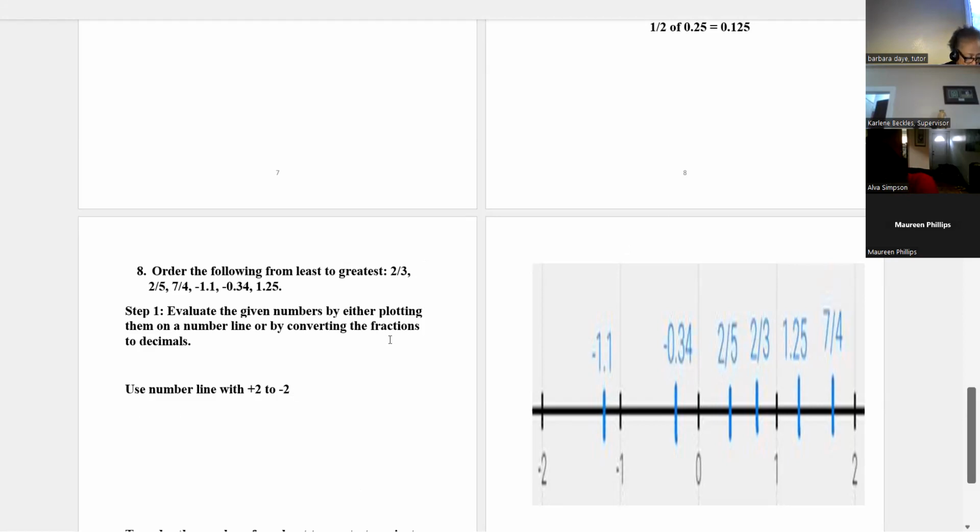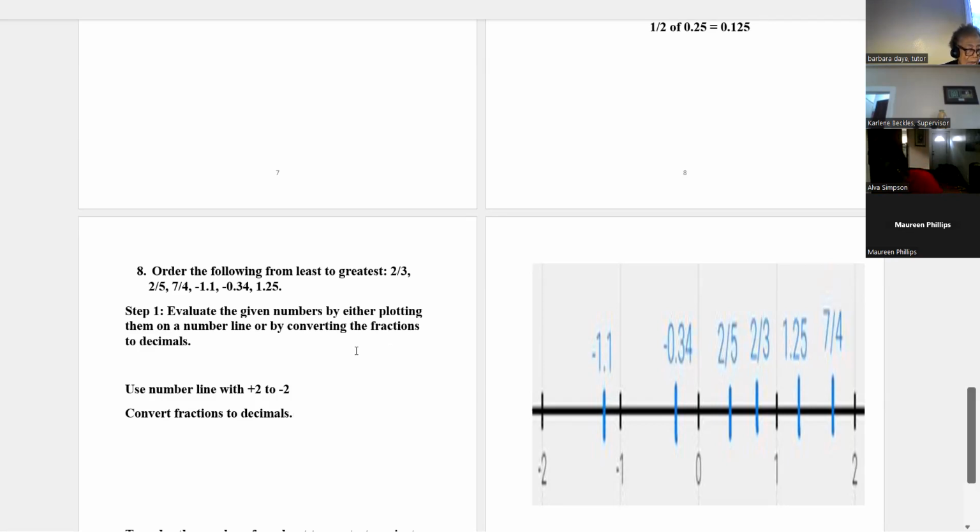I'll just say convert fractions to decimals. Okay, so draw your number line, -2 to +2. You're going to have a 0 in the middle, negative on the left, positive on the right.